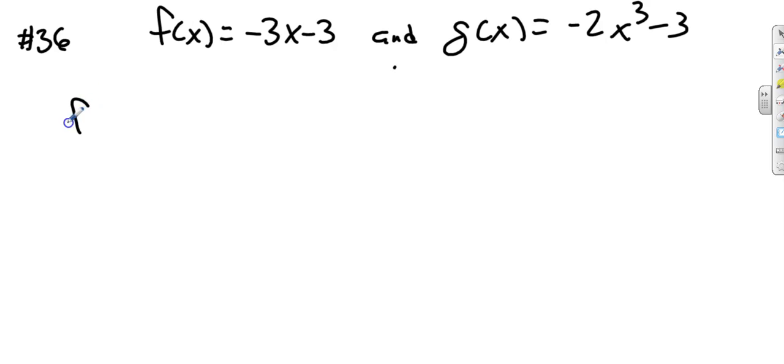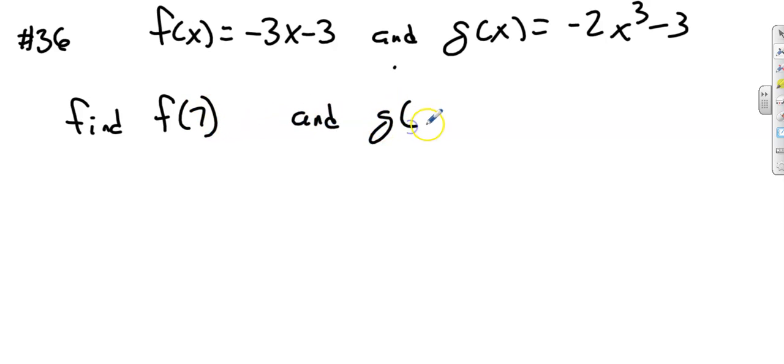And they're going to tell you to find a couple of different values here. They have to find f of 7 and g of negative 2.